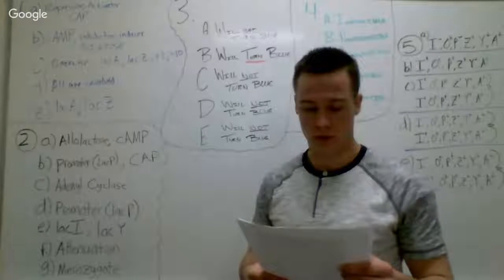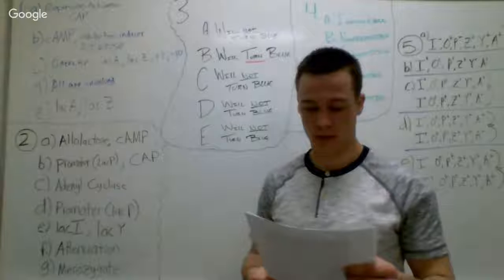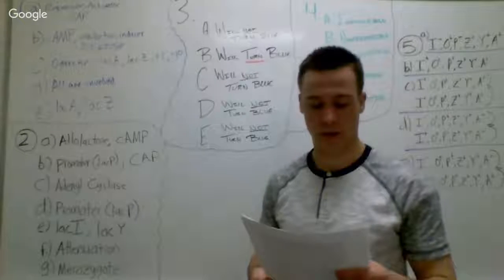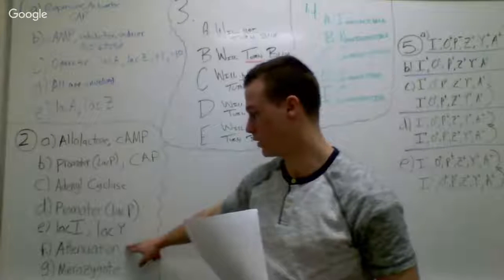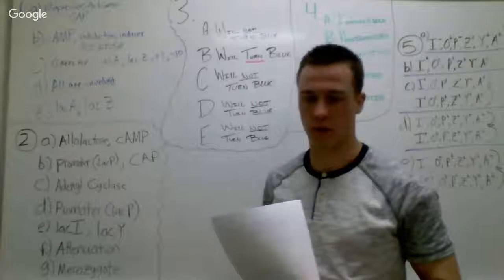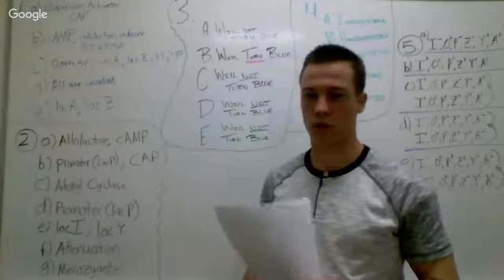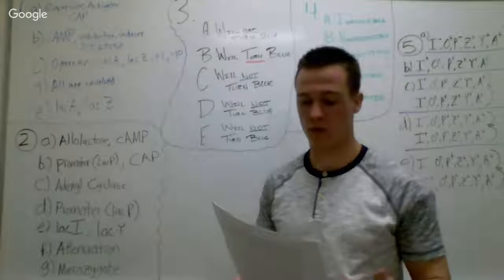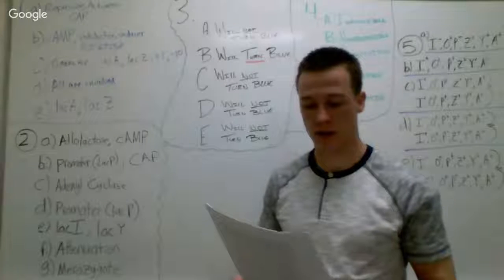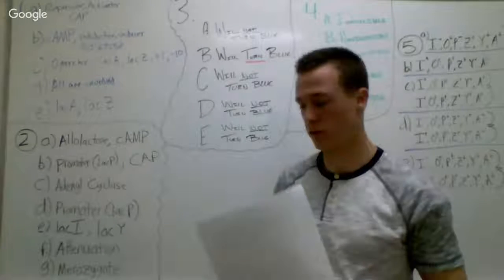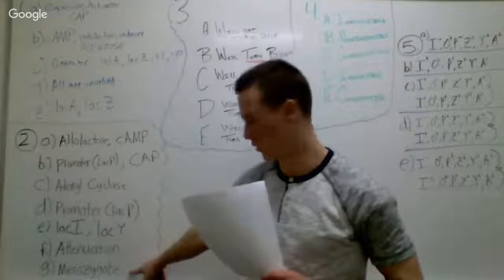F, it's talking about this can regulate gene expression of bacteria by causing transcription to terminate prematurely. We found that was attenuation, which we found in instructor notes is specifically when transcription terminates prematurely. And G, an E. coli strain that contains 2 copies of the lac operon is called a merozygote.